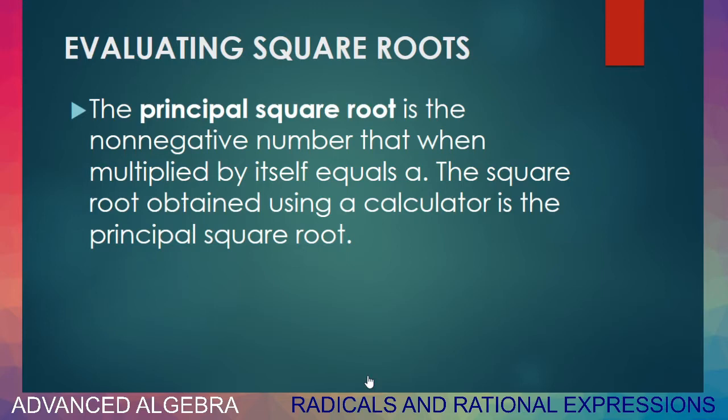Kasi principal square root yung ating pinag-uusapan kasi nabanggit dito na non-negative number. So, ibig sabihin, positive number yung ating sagot sa principal square root. Okay? So, kung ano yung nakikita natin sa calculator, siya daw si principal square root. So, next.